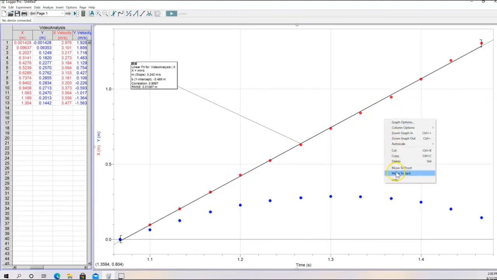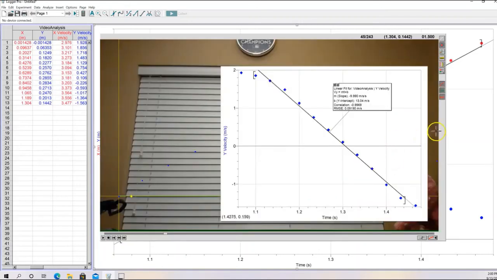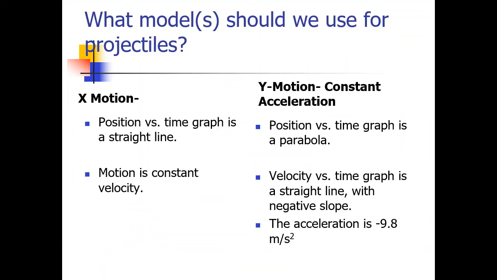And in the vertical direction, the motion is constant acceleration with an acceleration of about 9.8 meters per second squared. So the answer to the question that I posed earlier about what model of motion we should use for projectiles is that we should use both constant velocity and constant acceleration, as we saw in the Logger Pro analysis.